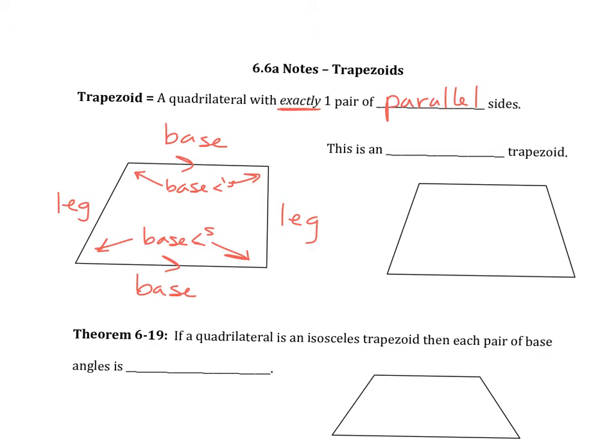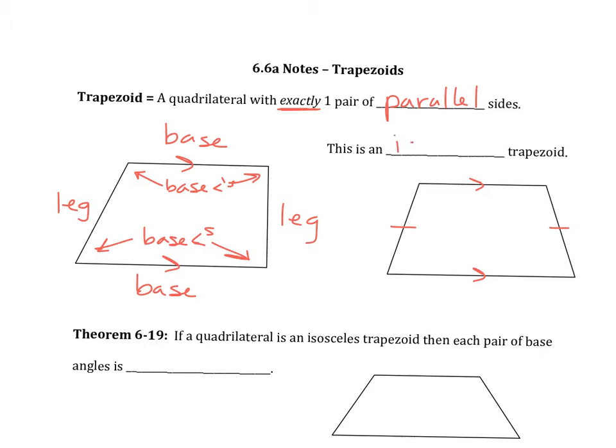Then if you look just to the right of that, that trapezoid there has legs that are congruent. Any guesses what we call that? Isosceles.